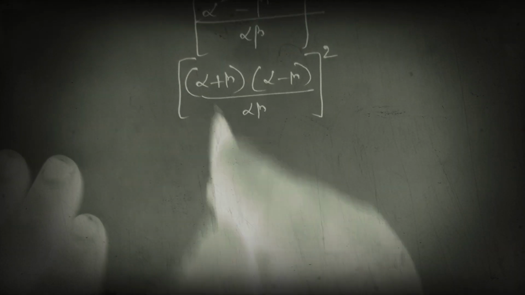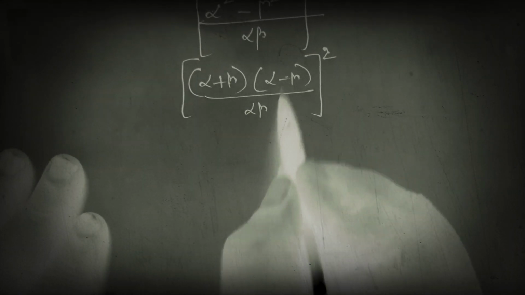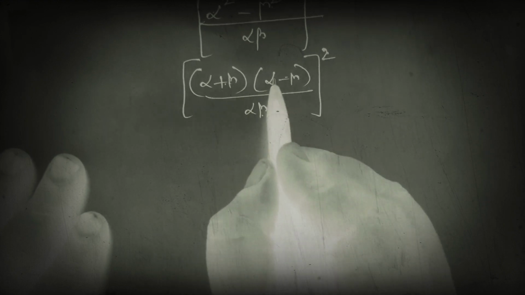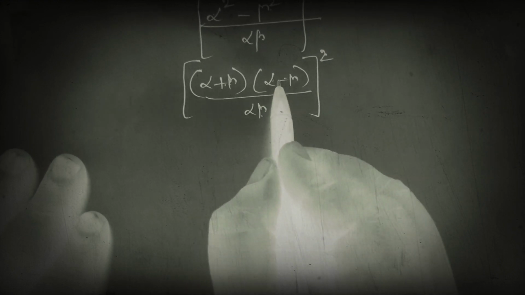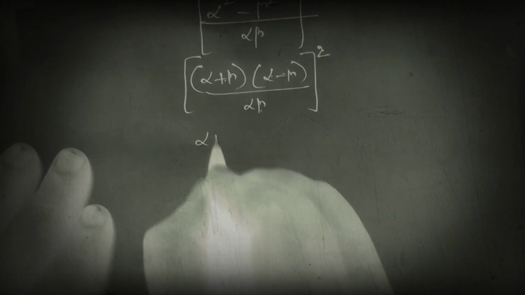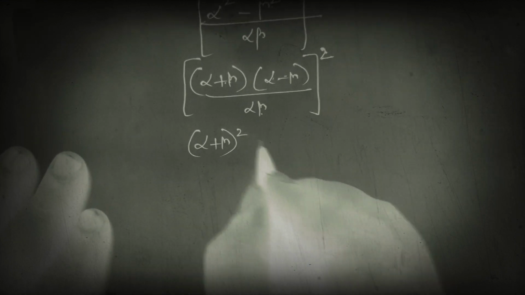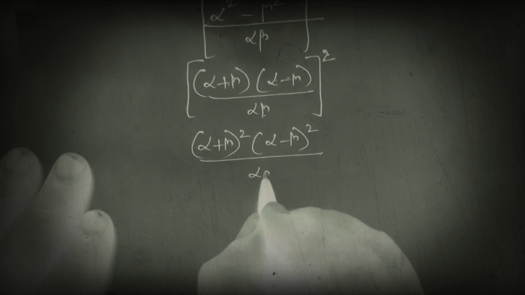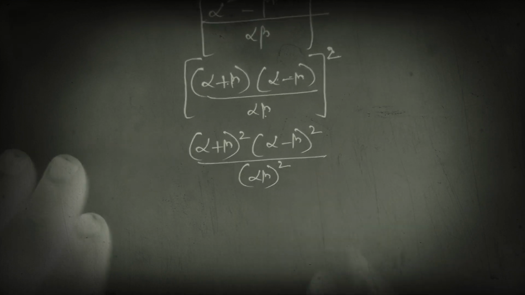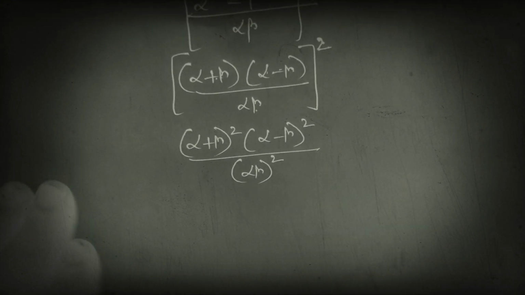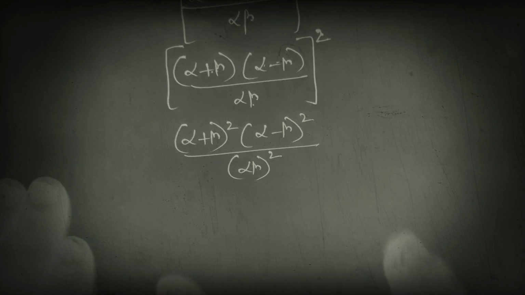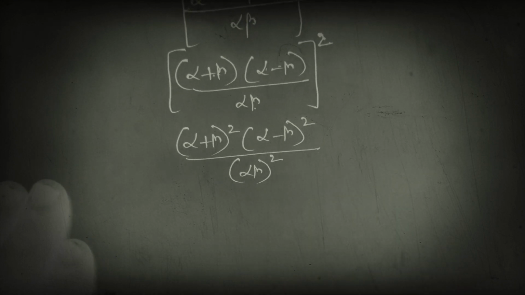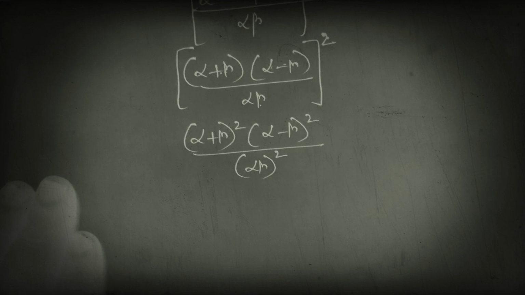Now I am applying the square to each and every term here. This is a into b, so a square into b square. So alpha plus beta whole square into alpha minus beta whole square by alpha beta whole square. In the beginning I told you our aim in this problem is to express all the terms in terms of sum and product.